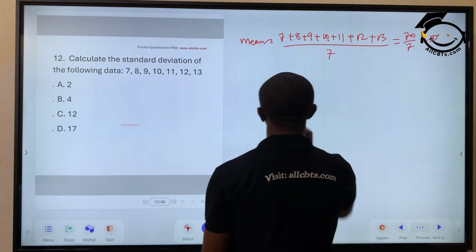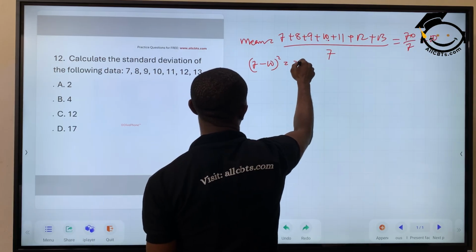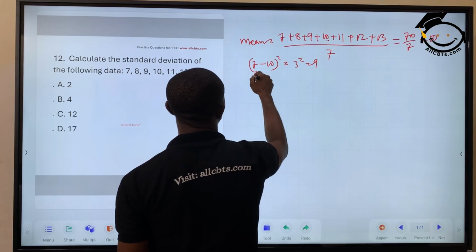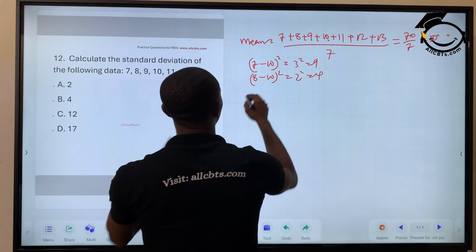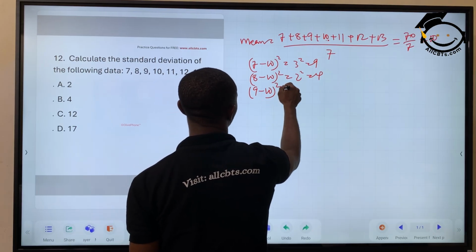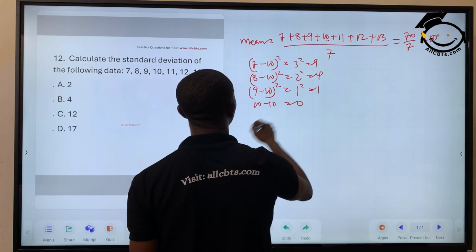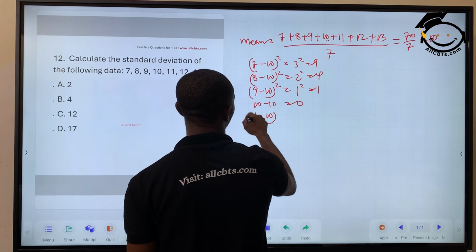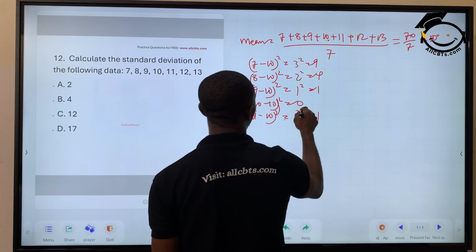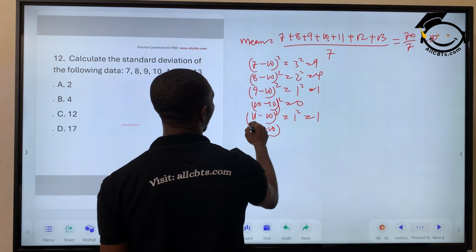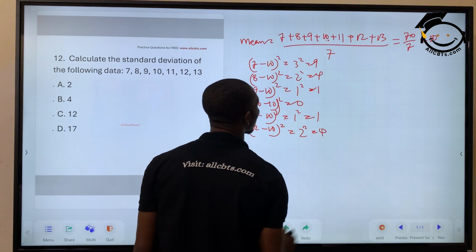Okay, so that is that. So we now do 7 minus 10 all squared, which is 3 squared, gives us 9. 8 minus 10 all squared, which is 2 squared, gives us 4. 9 minus 10 all squared equals 1. 10 minus 10 is 0. 11 minus 10 all squared gives us 1. 12 minus 10 all squared gives us 2 squared, which is 4.